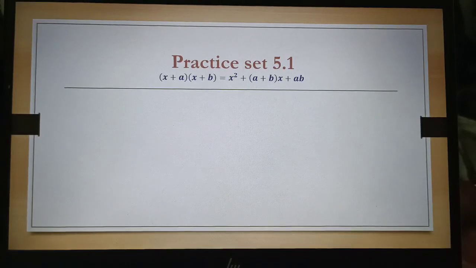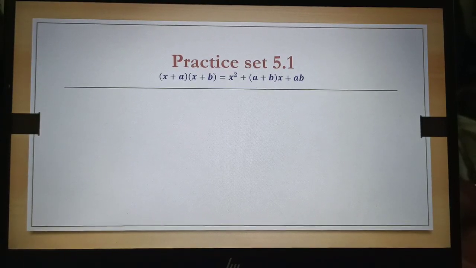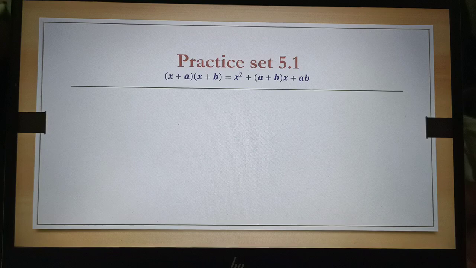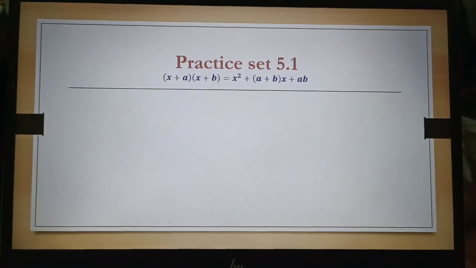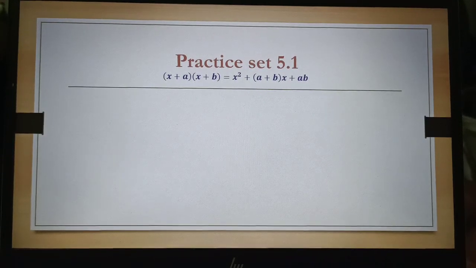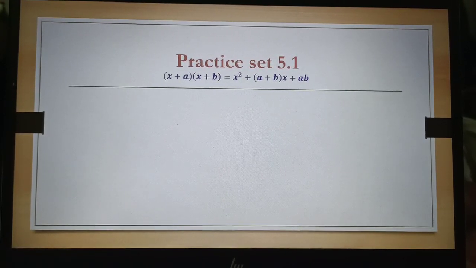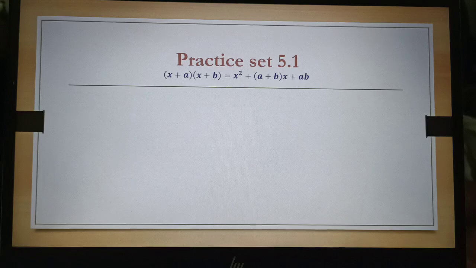The next one, we are going to see practice set 5.1. In this practice set 5.1, we are going to use the formula x plus a into x plus b is equal to x square plus a plus b into x plus ab.